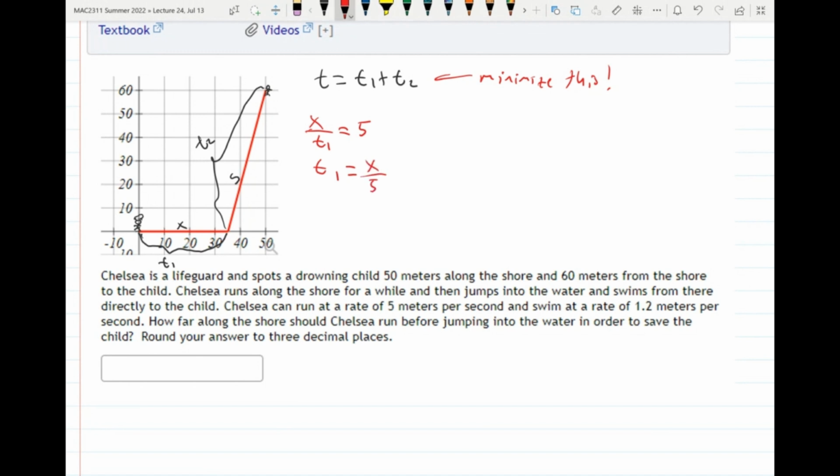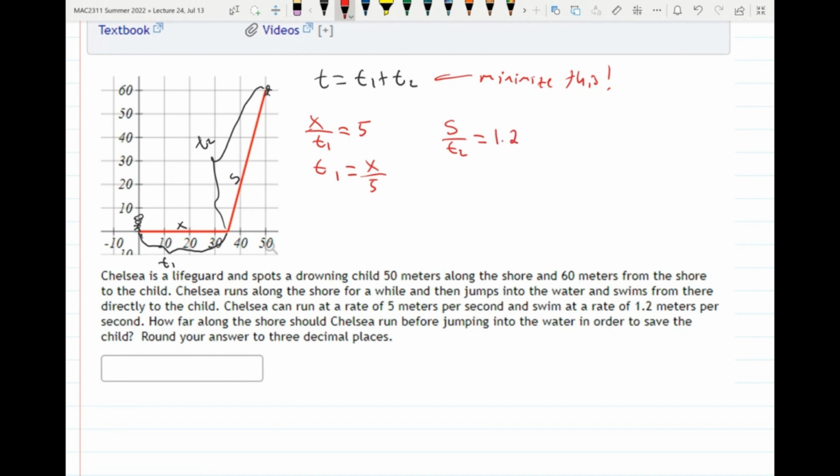Is that clear? Do you understand that speed is distance over time? You have been seeing this for a long time, right? Now similarly, in the swimming case, the distance is s, and we have s over t2. What is this equal to? 1.2. That's the swimming speed.